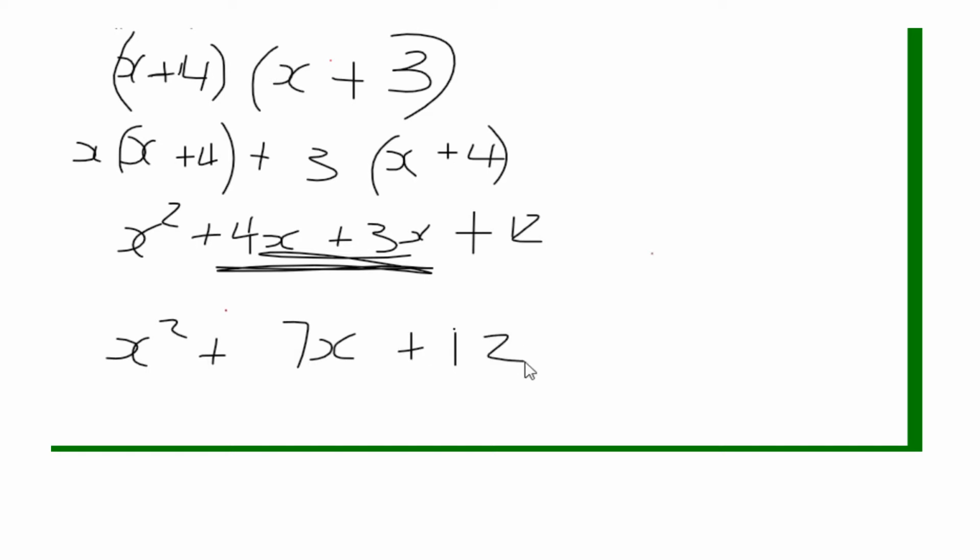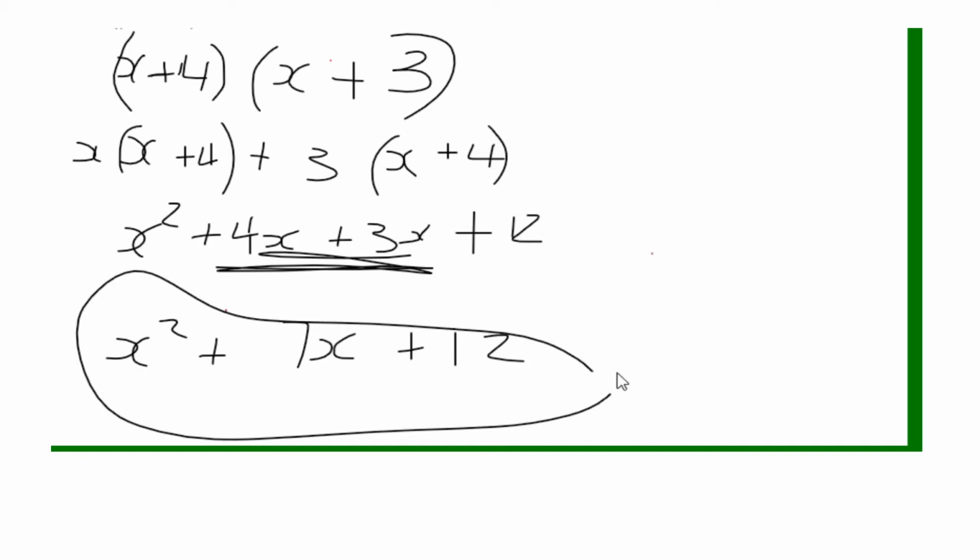So that's our answer. And if we were supposed to work this, we're supposed to get back this. In the next video, I'm going to show you how to work this, and we end up with this part. So what we're going to do, multiply everything in this bracket by everything in this bracket.